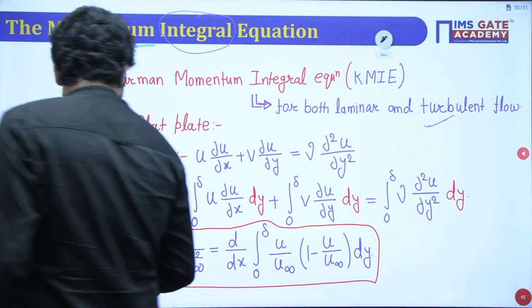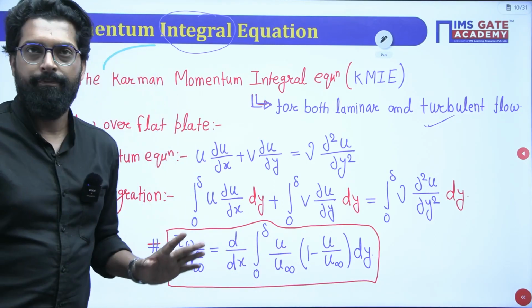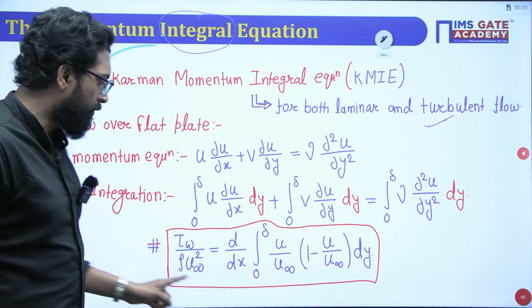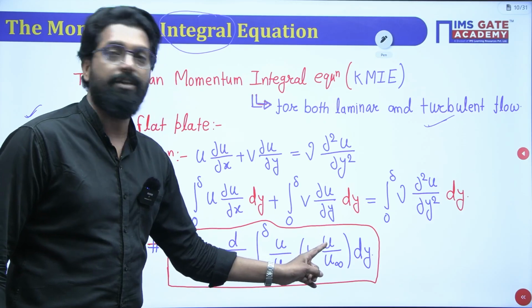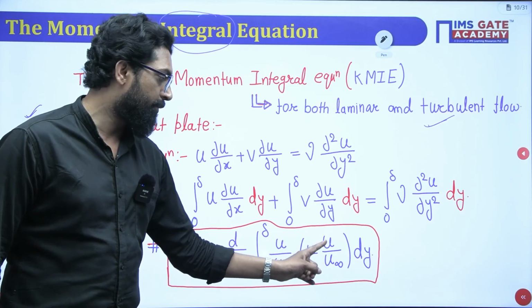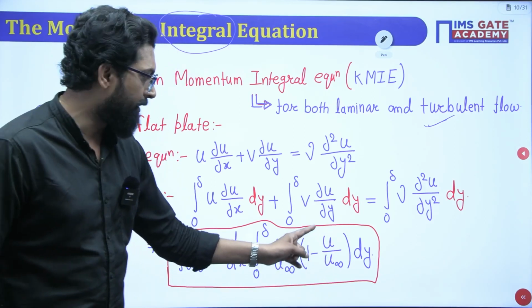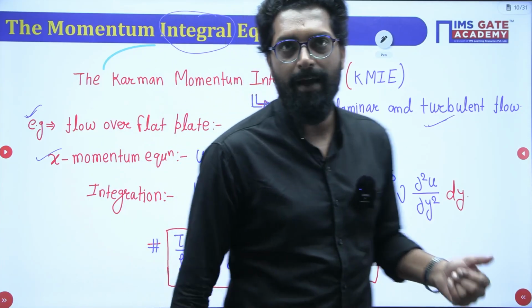Now, how we apply this equation is very important. To solve this equation, we must have knowledge about the velocity profile. That means we have to know u by u infinite. In the question, u by u infinite is always given as a function of y by delta.